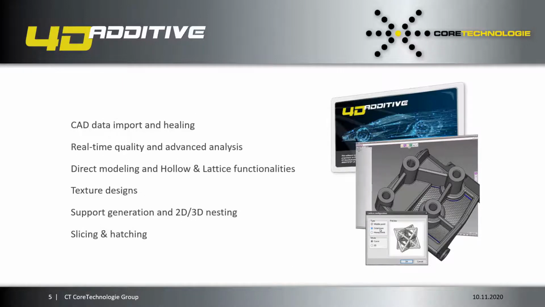So you are able in this software to load all the native data from CATIA, Solid Edge, SolidWorks or Inventor. You can do real-time quality checking, analysis tools, and also modeling, hollowing, and lattice functionalities. You can do texturing and support generation, 2D and 3D nesting, and slicing and hatching.